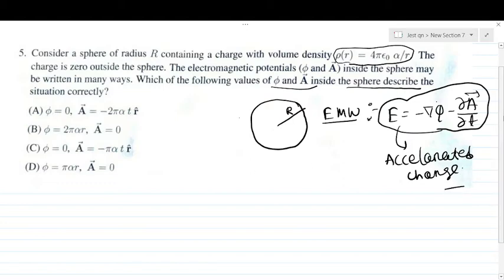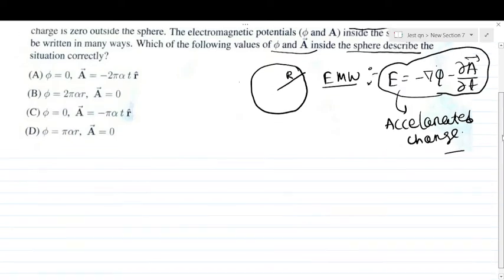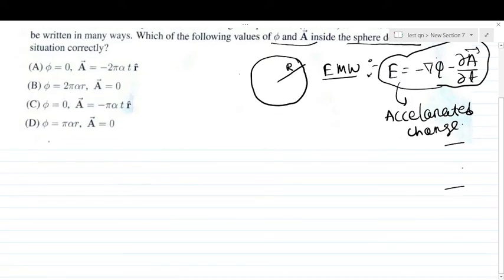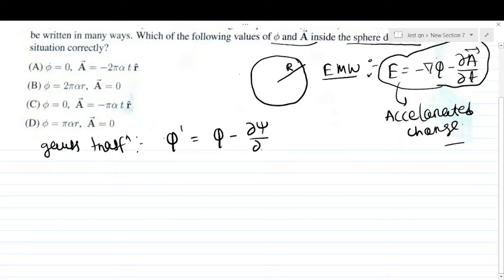Okay, then in the case of a gauge transformation, as you know, phi prime is equal to phi minus del psi by del t, and A prime is equal to A plus grad psi.